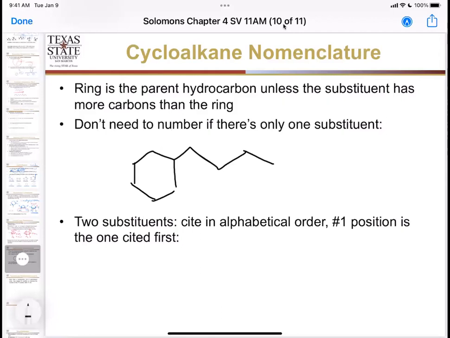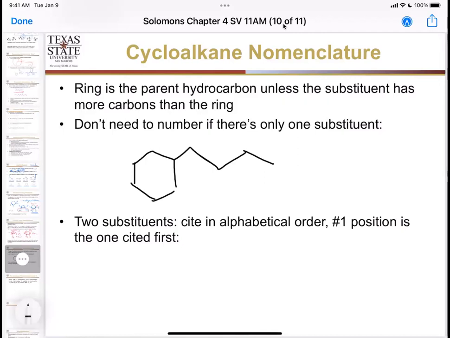That means the cyclo group is our parent compound. If the cyclo group had fewer carbons in it than the substituent, the longest chain, it would be a substituent. So that's the one thing I want to note here. It might not be on those instructions.